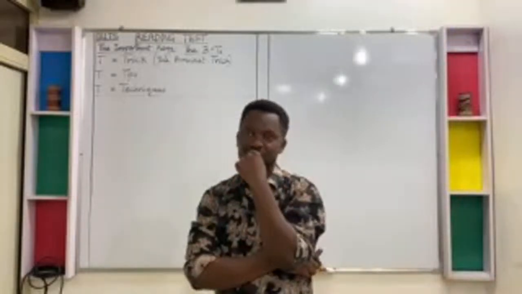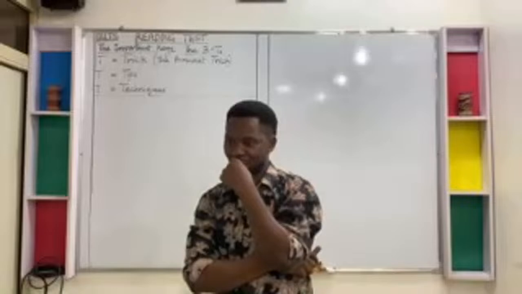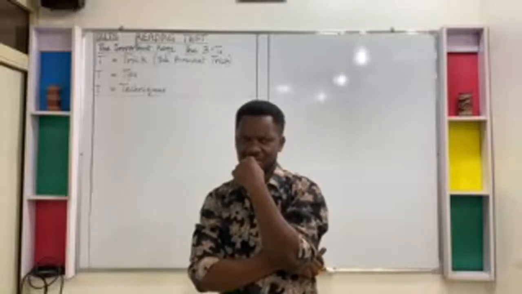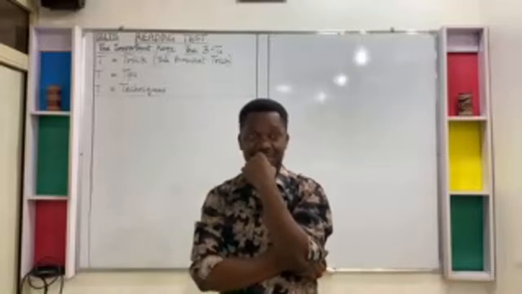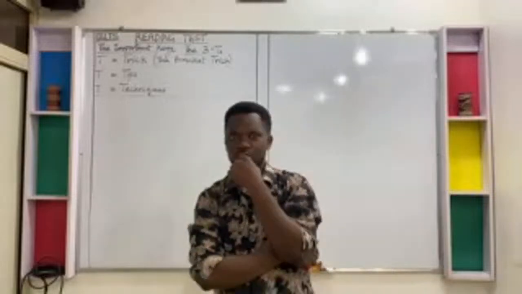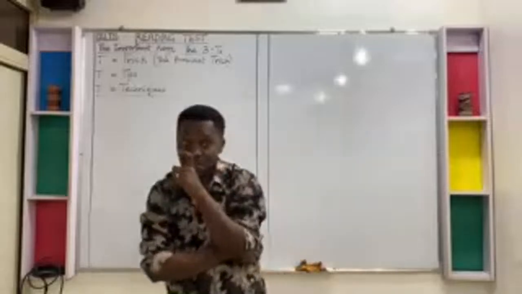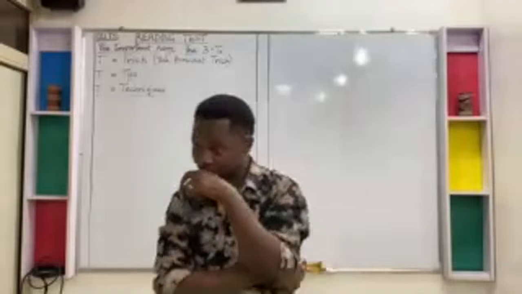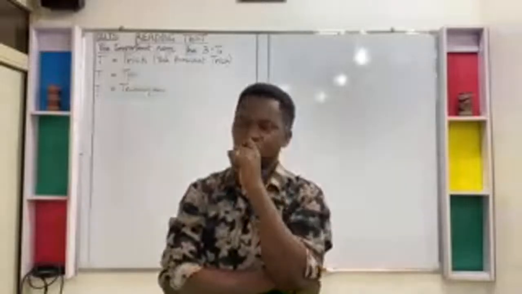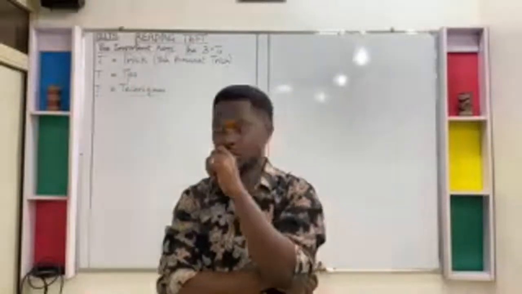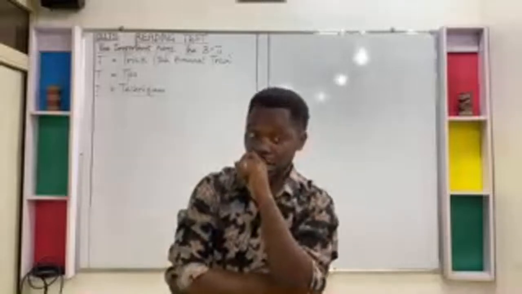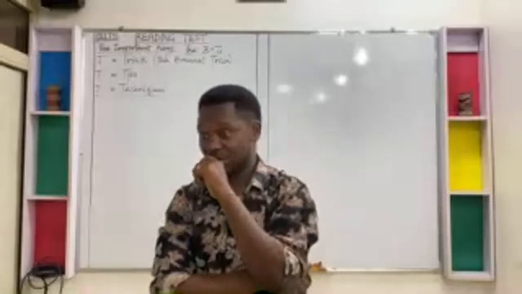For instance, I need umbrella. Is that a correct expression? What's missing? An. I need an umbrella. So in this case, you might want to ensure that that article an has to appear. Right? So you may not necessarily put it in brackets, but you can still leave it in brackets. It doesn't affect you in any way.